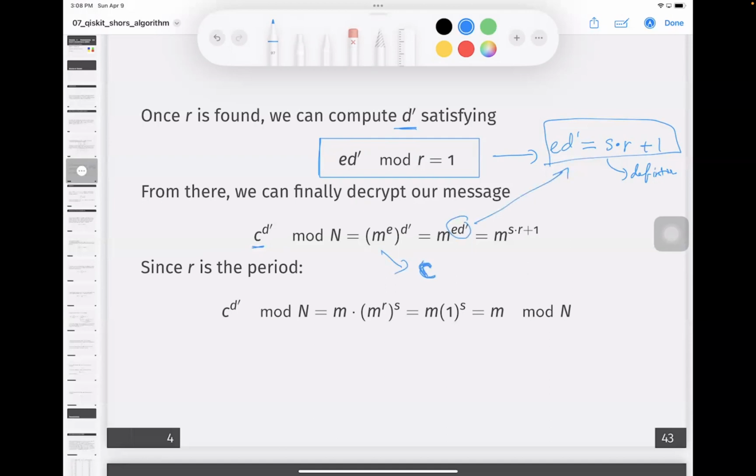So that's equal to M raised to the S times R plus 1. M raised to the 1 will give you M, and then M raised to the R is this one here, but since R is a period, we know that this is equal to 1. Therefore, C raised to the D prime is nothing but your decrypted ciphertext, your plain text.